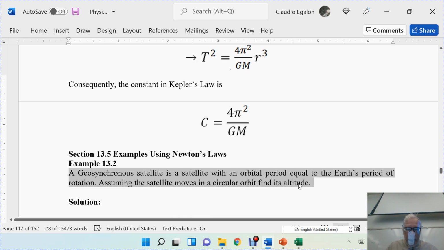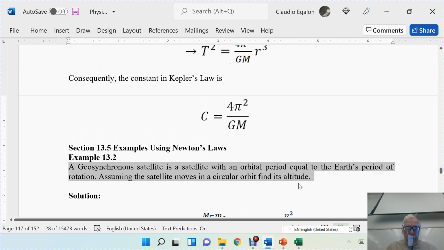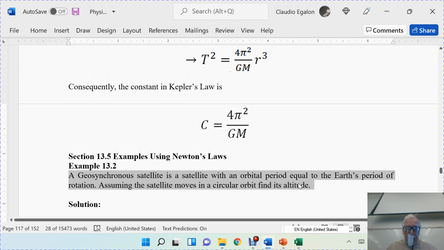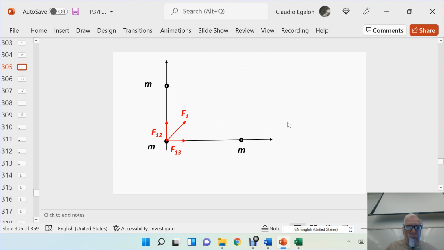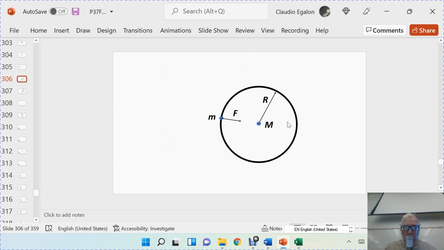Let me see if I have an illustration here. Oh yeah, right in here. That's the illustration that you have to do. Here's the Earth. Here's the orbit of the satellite.